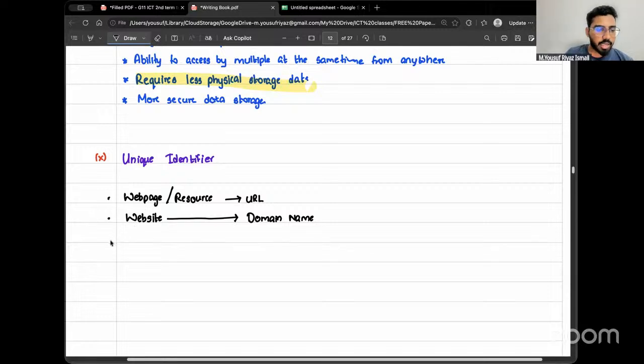And to uniquely identify a computer on the internet, we use the IP address. So keep these in your mind when it comes to unique identifiers.